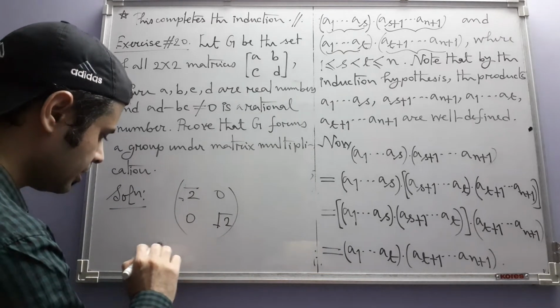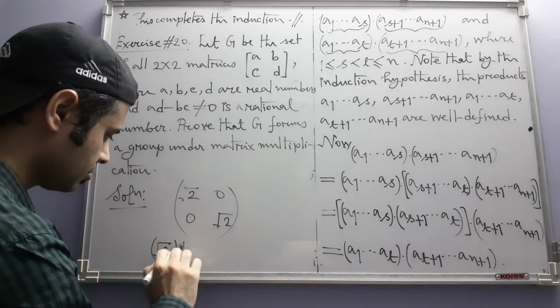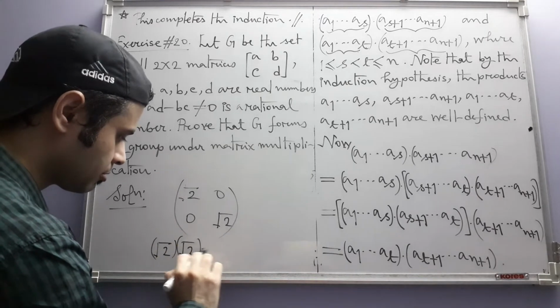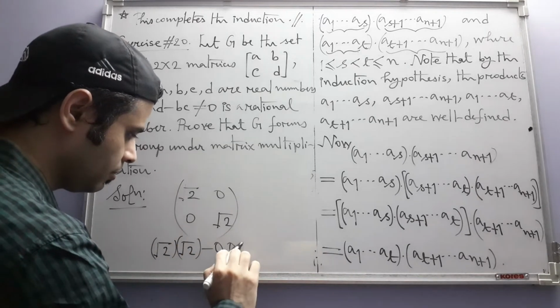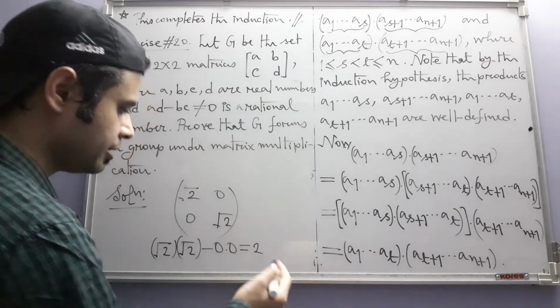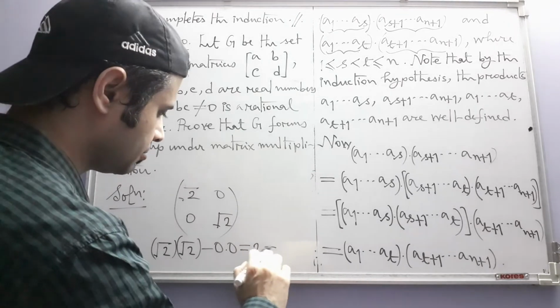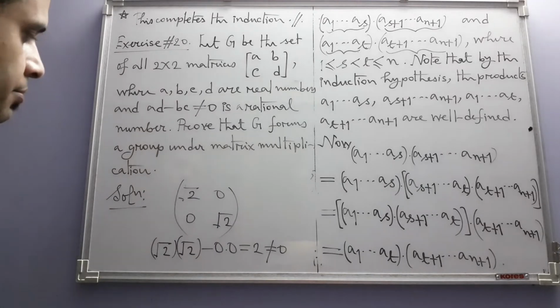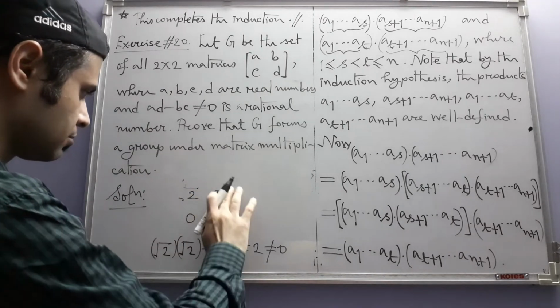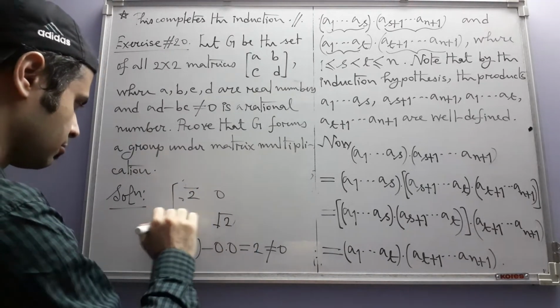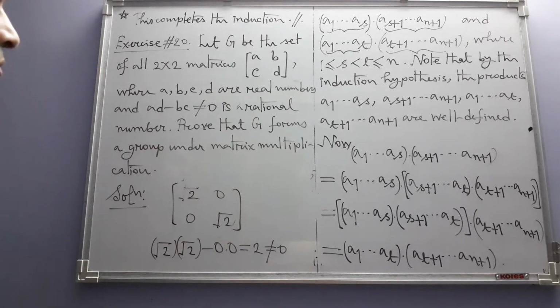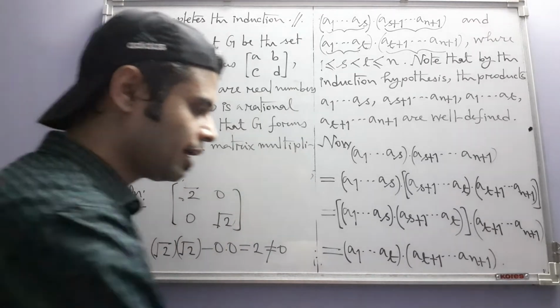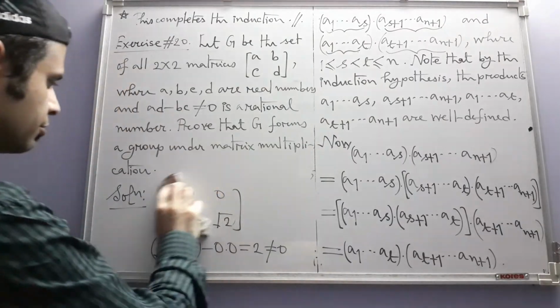However, the determinant is this, which is 2, and it's a non-zero rational number. So this matrix is actually in this set. Now we have to prove that this is a group.